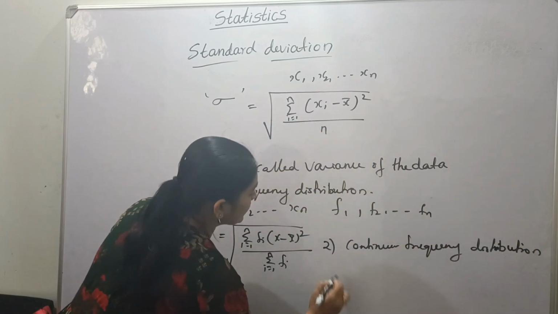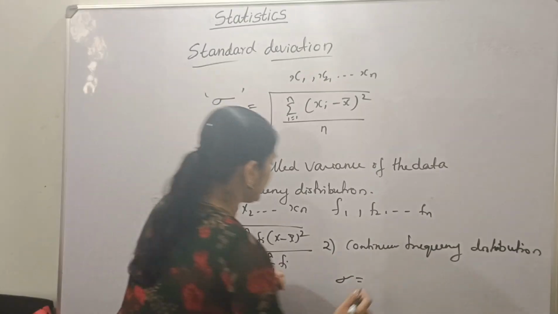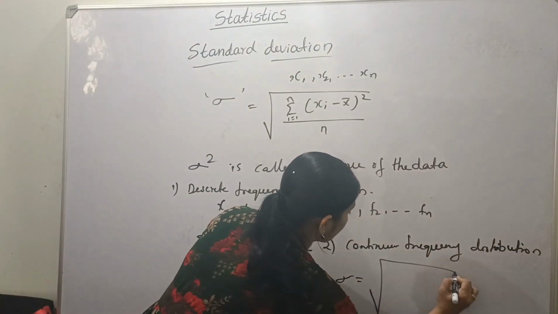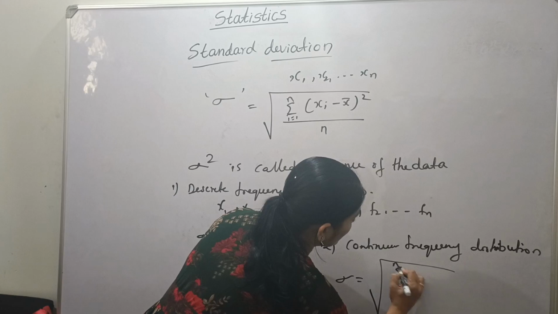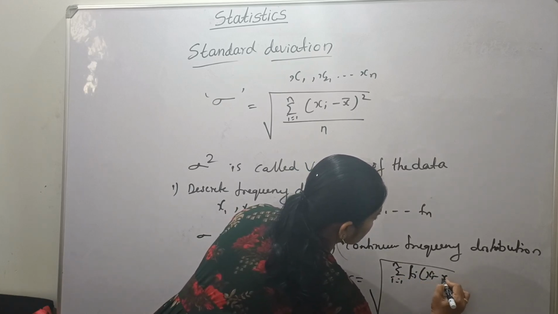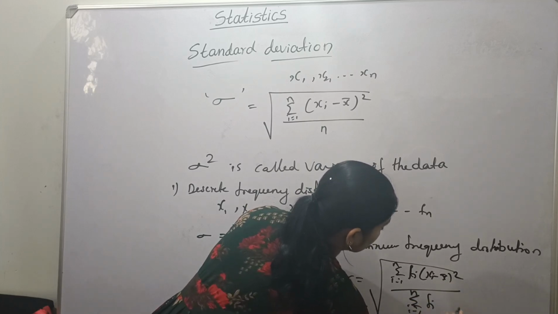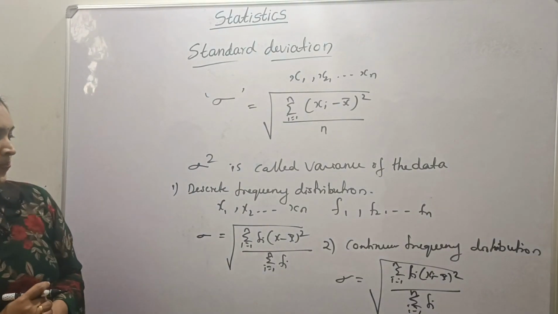After finding the mid values, the formula is sigma equal to the square root of sigma i equal to 1 to n, fi into (xi minus x bar) whole square, divided by sigma i equal to 1 to n, fi, that is, the sum of frequencies.